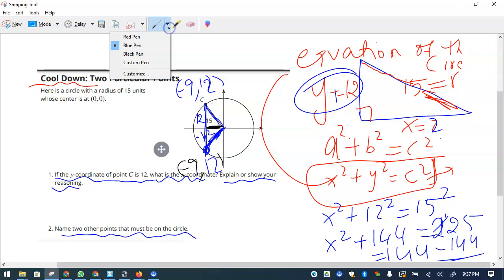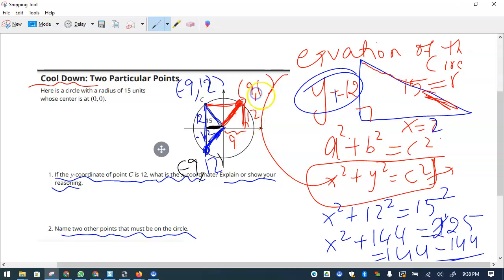Then you can also think of another one, reflecting over the y-axis. See this side. We can think of this as another point on the other side. If I drop down here, this distance will be 9 and this will be 12. So that's 9, 12. Both are positive because it's in the first quadrant.